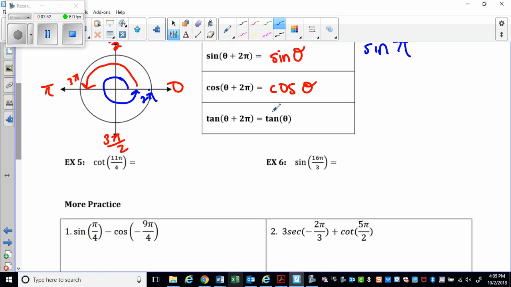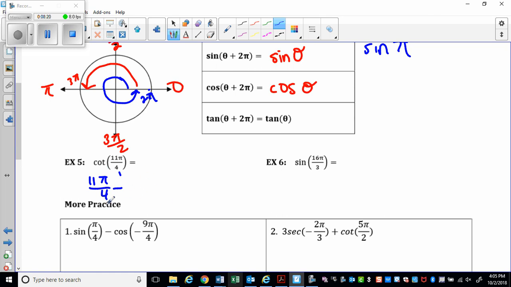We already did tangent. They did tangent for us. So this one said, what is cotangent of 11 pi over 4? Well, I need my denominators to be equal, and we're going to subtract 2 pi. Well, to have a common denominator of 4, we have 11 pi over 4 minus 2 pi. But I cannot subtract a whole number from a fraction.